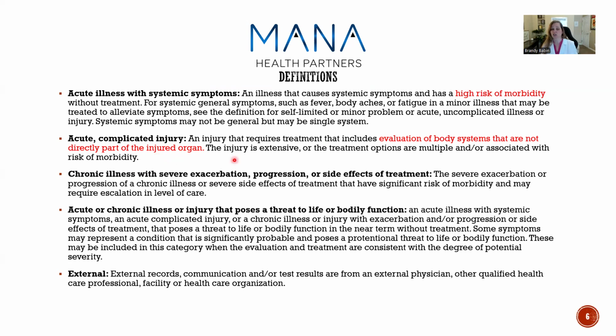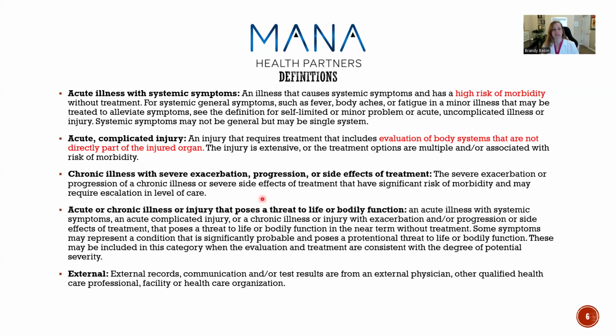So let's say your GFR continues to decline and it's extensive. What are our treatment options? You're going to go into kidney failure. And then when your GFR hits 15, you need dialysis. So these are complicated issues that are affecting an organ that could potentially cause morbidity and mortality.